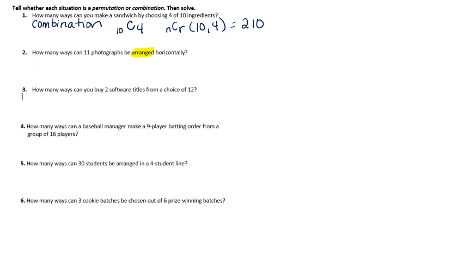So how many different ways can 11 things be arranged? I'm using all 11, so it's 11 photographs taken 11 at a time. They're not saying how many different ways can 11 photographs be arranged if I choose 3 of them. So it's 11 taken 11 at a time.